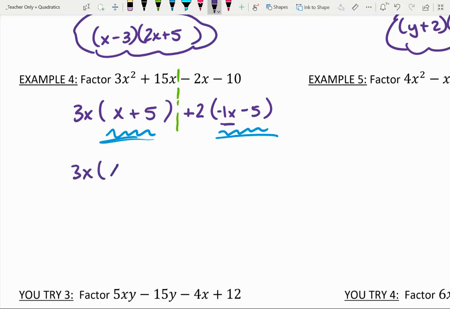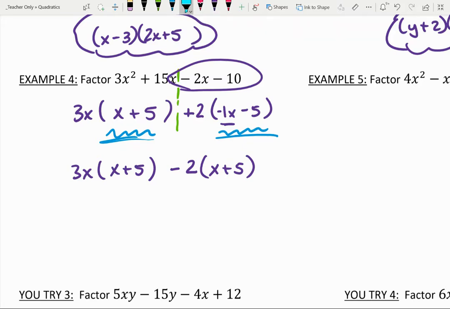So if I want it to be 3x times x plus 5 on the left-hand side, what would I have to factor out of negative 2x minus 10 to make x plus 5 on the right-hand side? Well, instead of factoring out a positive 2, if I factor out a negative 2, that's going to work a little bit better because then I get the same expression in the parentheses, x plus 5.